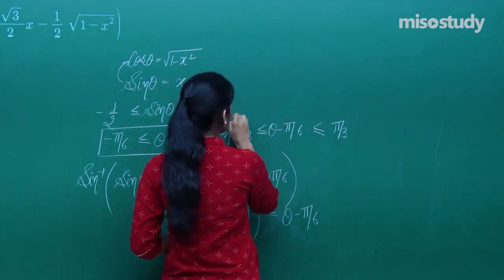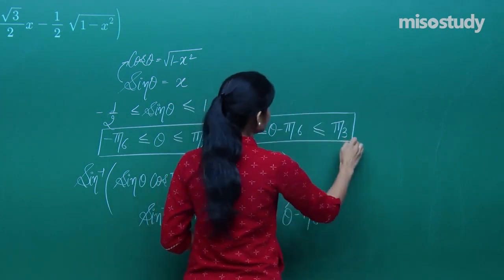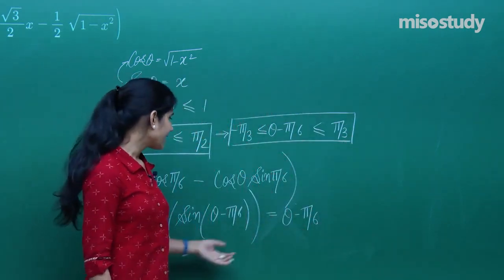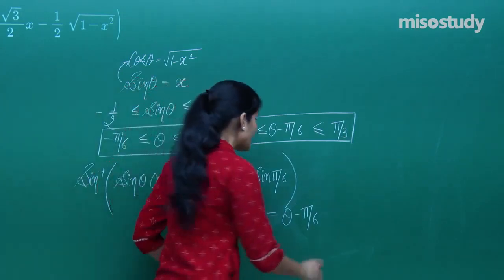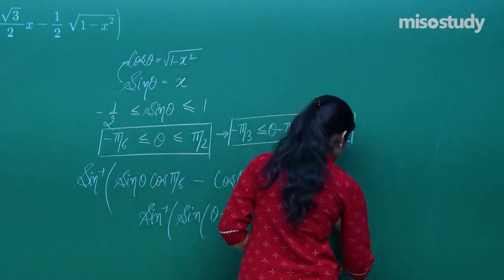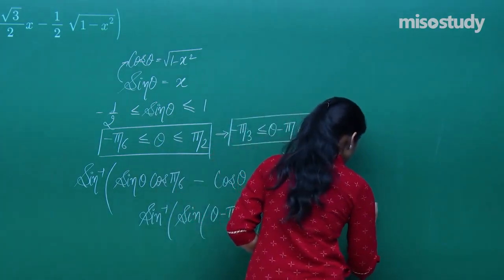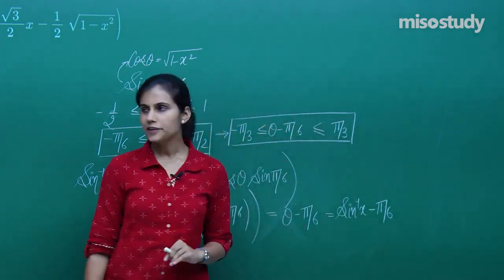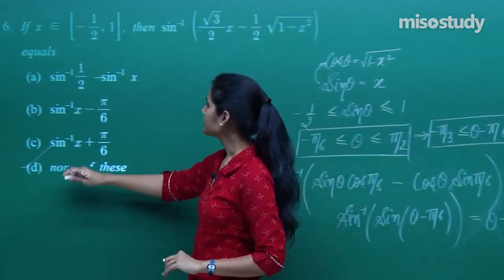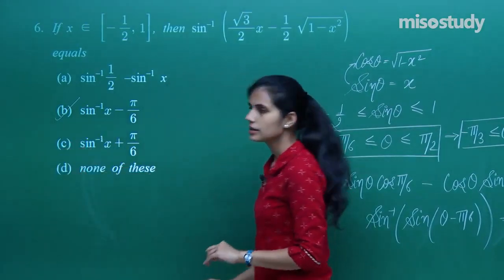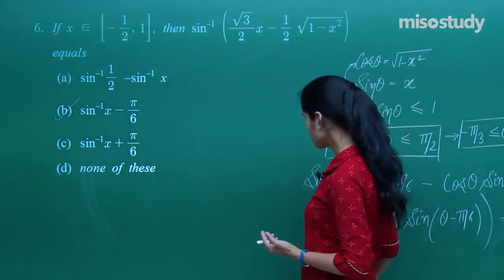So because theta minus pi by 6 is also lying within the minus pi by 2 to pi by 2 closed interval, I can write this as this, and theta is what? Sine theta is x, theta becomes sine inverse x. So sine inverse x minus pi by 6 is my very correct answer. Clear? That's how you deal with this question.